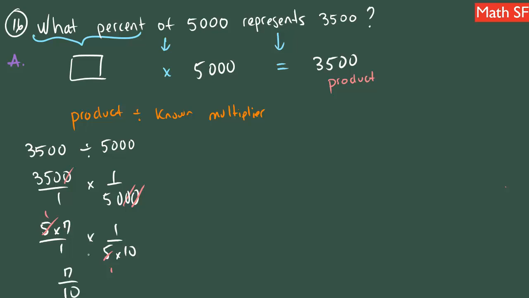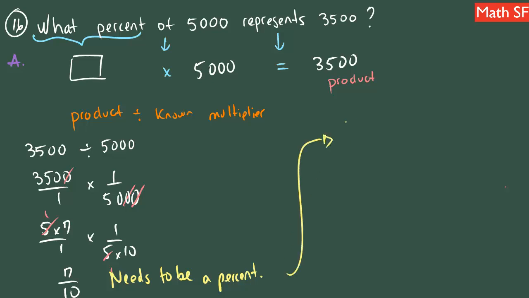Okay, you might say, okay, so that's my final answer. No. What are they asking you for? That's why we always recall what they ask you. You're saying what percent. So this needs to be a percent. So how can I convert that into a percent? I need to make a percent, right?